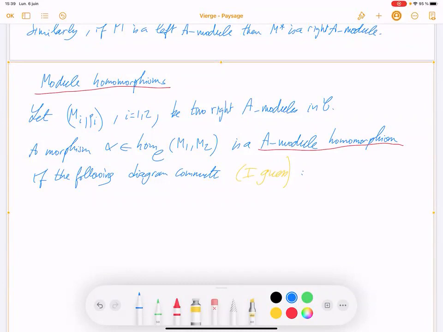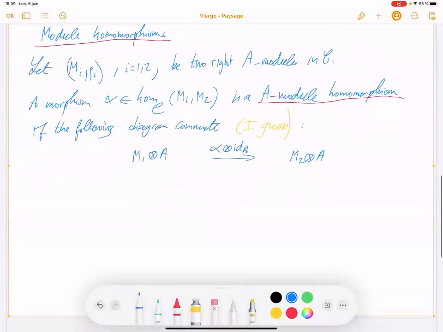So start from M1 tensor A or M2 tensor A. You can apply here alpha tensor the identity of A. Here you apply the morphism from the A-module structure, rho 1, rho 2, and you get M1, M2.